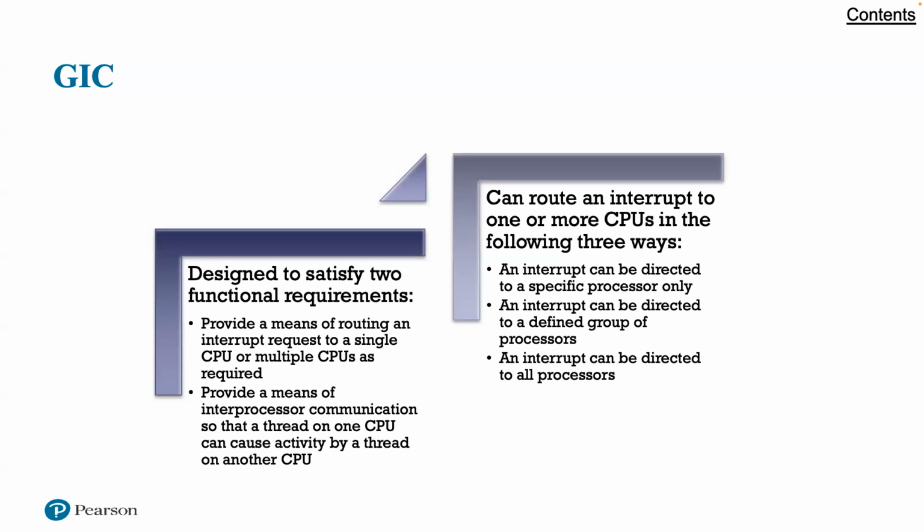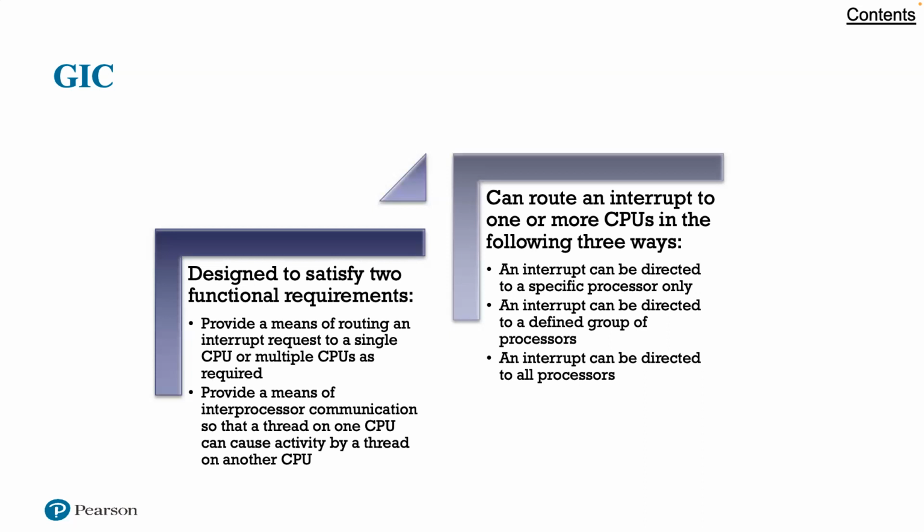The GIC can route an interrupt to one or more CPUs in the following three ways. An interrupt can be directed to a specific processor only, and an interrupt can be directed to a defined group of processors. The MP core views the first processor to accept the interrupt, typically the least loaded, as being best positioned to handle the interrupt.